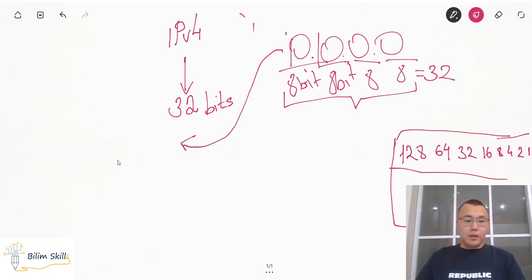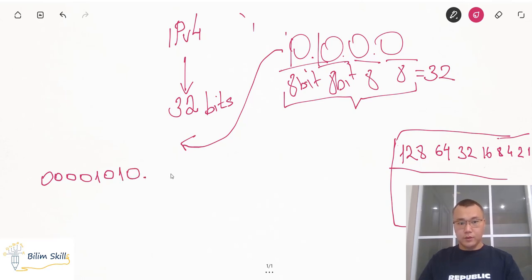So let's write this IP in a binary form. It will look like this. The first octet will be 0, 0, 0, 0, 4 zeros, and 1, 0, 1, 0.